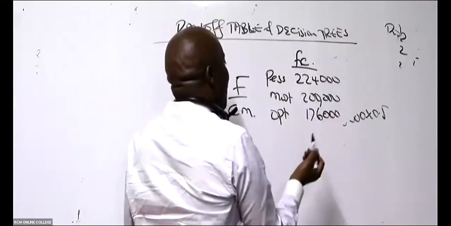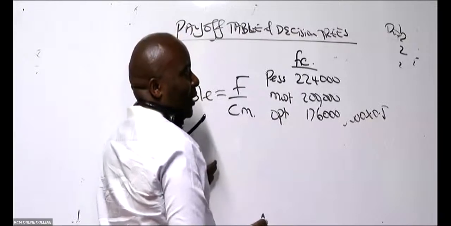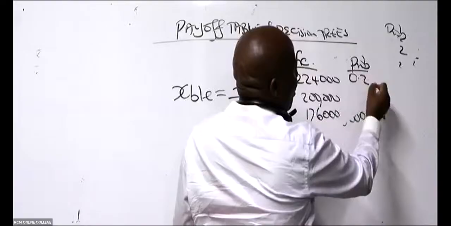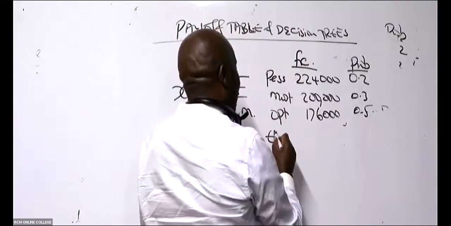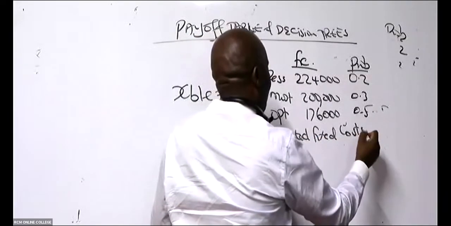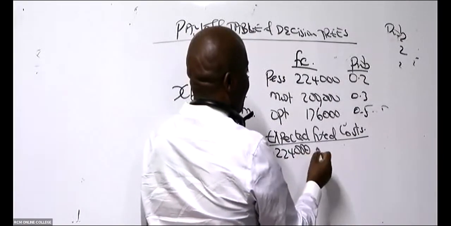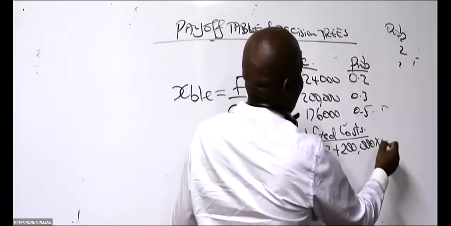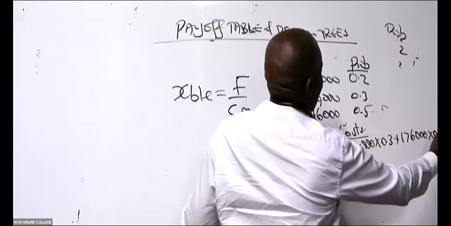We don't know. If we charge a specific price, we don't know which fixed cost will be incurred. But fortunately, we know the probabilities: 0.2, 0.3, and then point what here, somebody? So I can easily get what we call expected fixed costs. This will be 224,000 times 0.2 plus 200,000 plus 176 times 0.5.